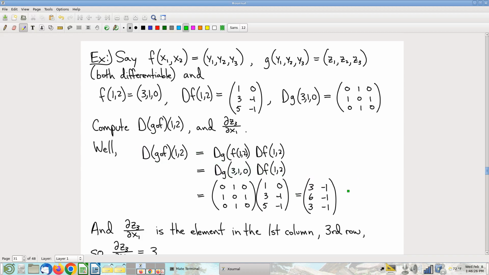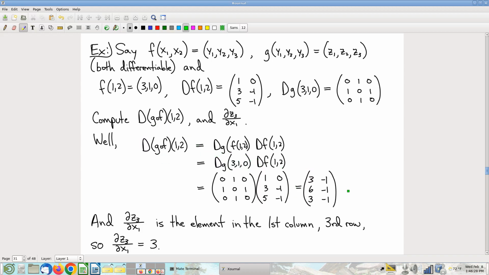And notice, though, there is a second part to the question. The second part of the question says compute the partial of Z3 with respect to X1. So let's talk about how we would compute that. Let's first of all take stock of what we have here. This composition is a function that takes the X variables to the Z variables, right?